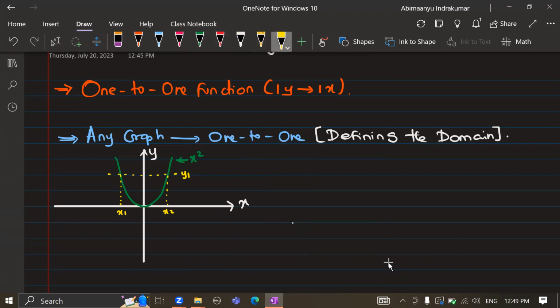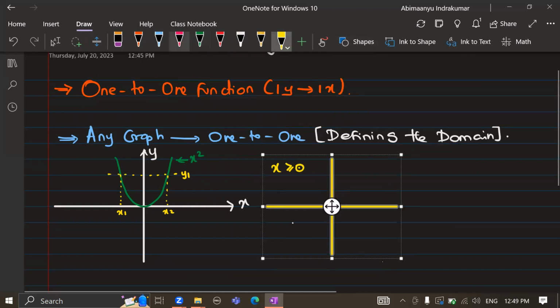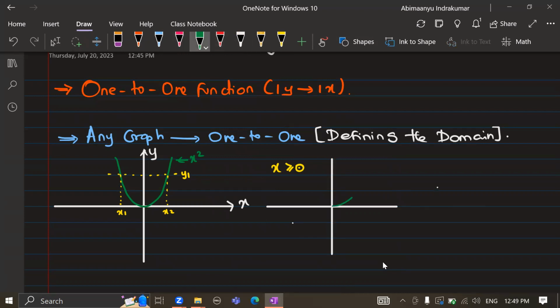There are two ways of defining the domain of the graph. If I say the domain of the graph is greater than or equal to 0, then my graph would be something like this. This is how my x square graph would look for the given domain greater than or equal to 0.